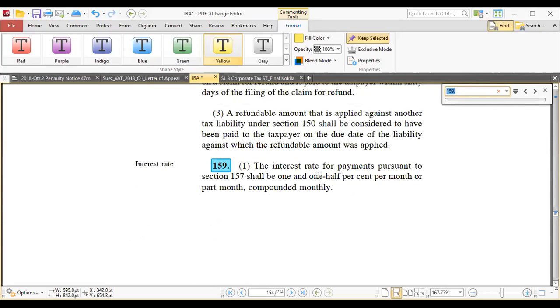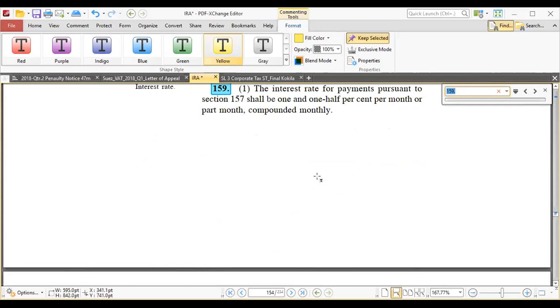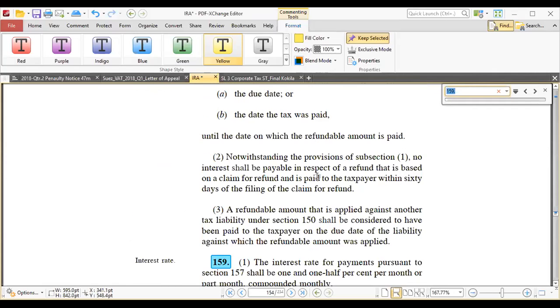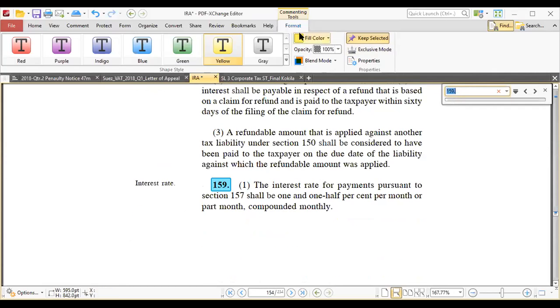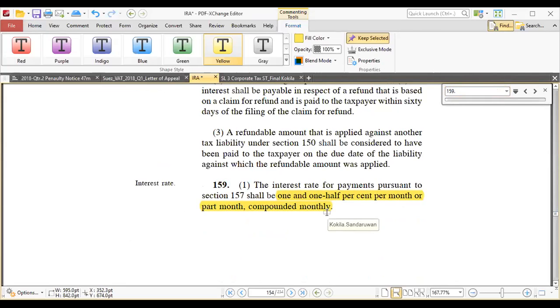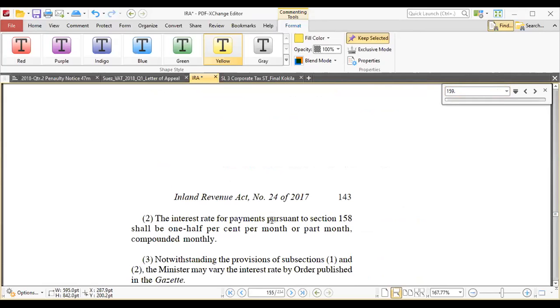Here, compounding monthly, and in that case you can see, here I am highlighting 1.5% per month compounding monthly. Interest for the payment under section 158 shall be computed at 0.5% per month compounding.